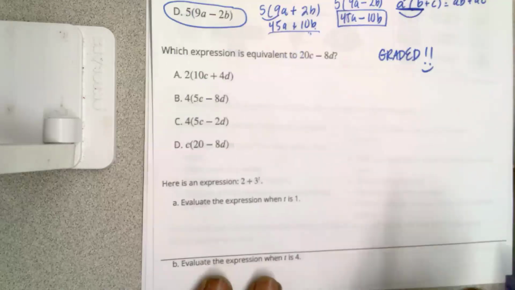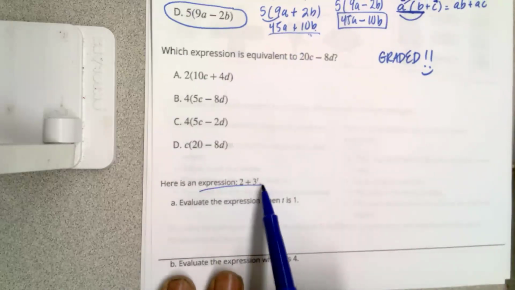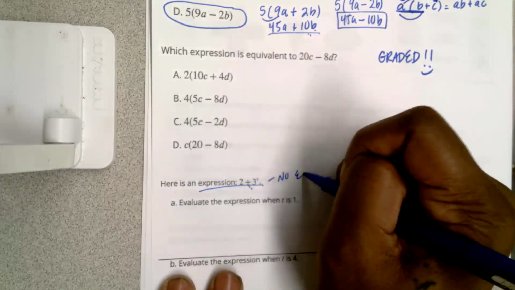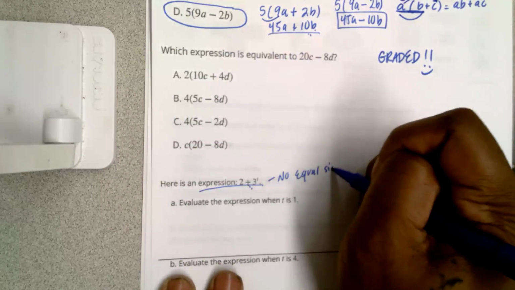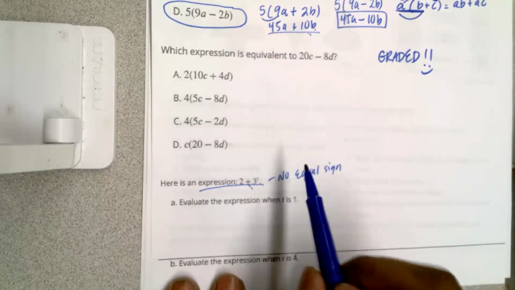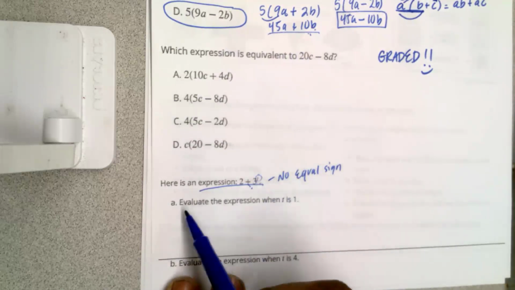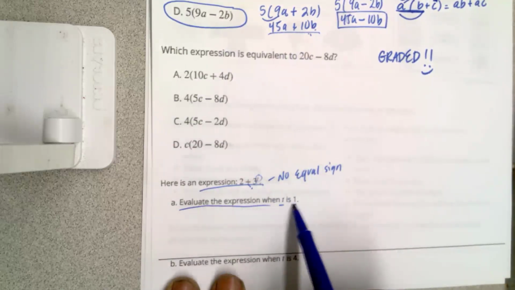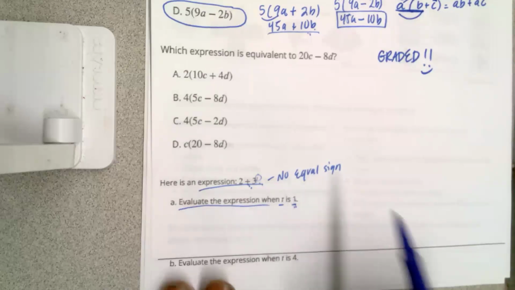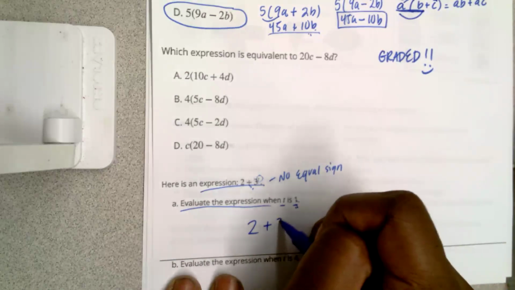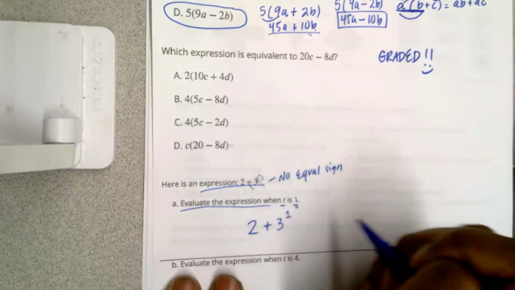Now, here's an expression. We know this is an expression because it has no equal sign. You see that? However, this little t here is a variable. But here it says t is 1. So we found the solution to the variable. So this is saying 2 plus 3 to the 1.